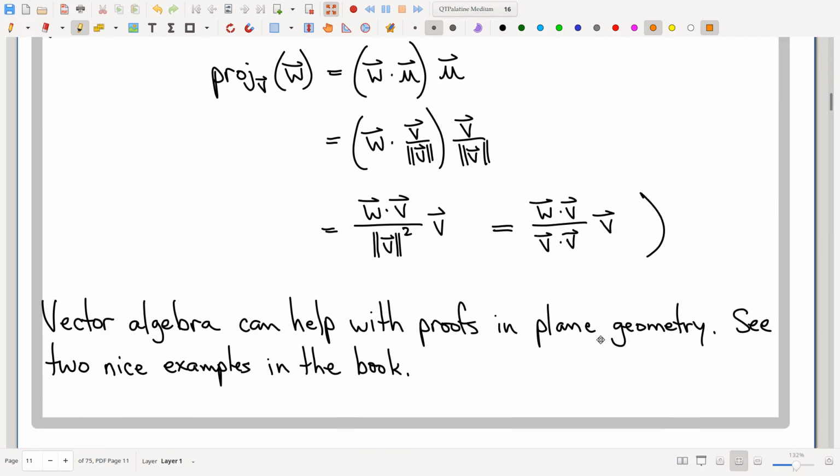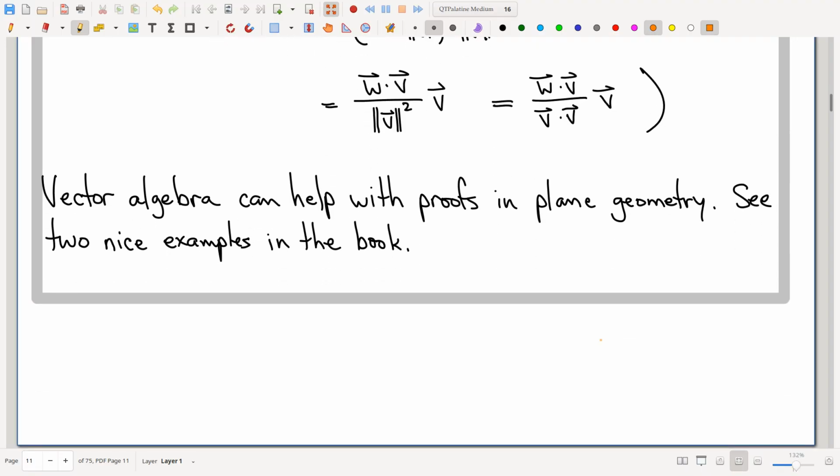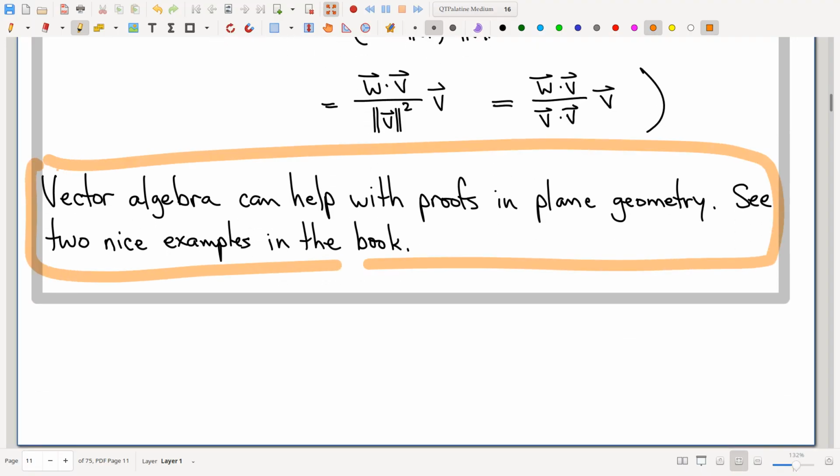Real quick reference. Sometimes there are proofs in plane geometry, stuff you probably would have seen in a high school geometry class, that are very nicely streamlined by vector algebra. There are a couple of examples on the homework.